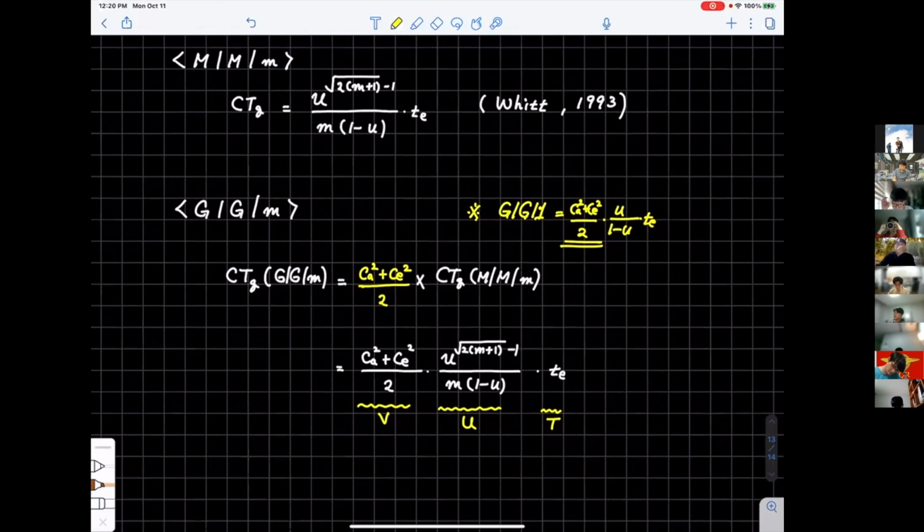And even though this formula is very complex, there is no integral or differential calculation, so this can be calculated with a calculator or a spreadsheet. Spreadsheet means Excel, Microsoft Excel.